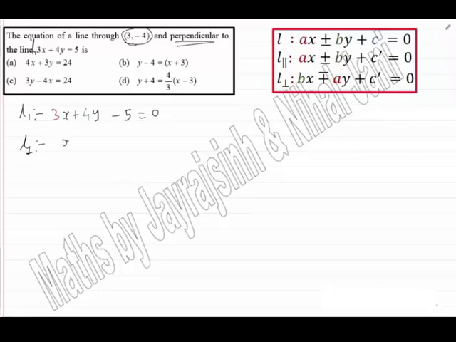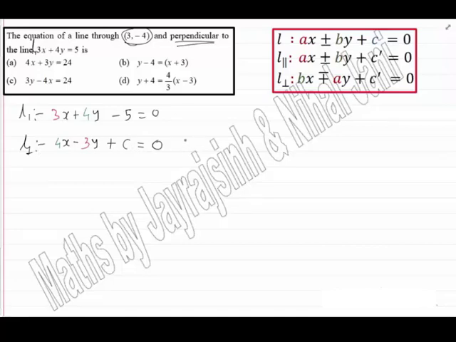So in x we are going to write the coefficient of y, and in y we are going to write the coefficient of x, and we also change the sign between them. Now c is equal to 0. We just have to find this c.